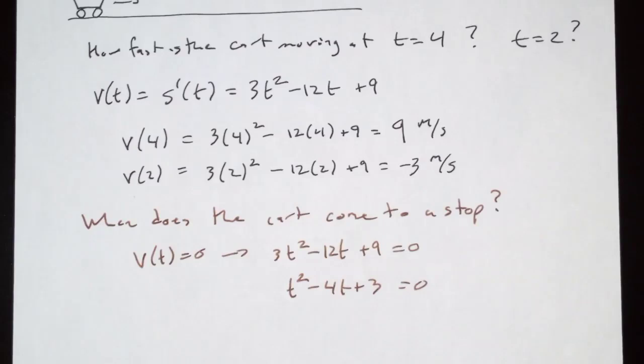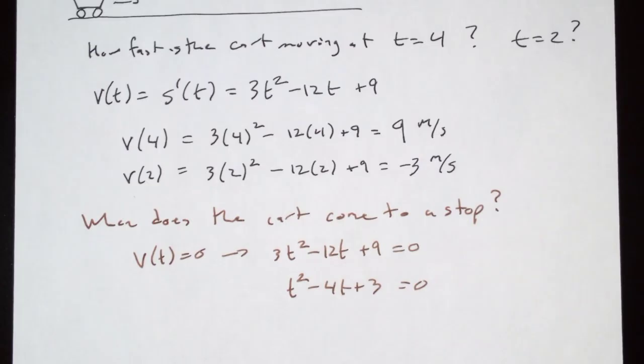Before you give me your answer, go back and look at those velocities. At time 2, moving to the left. Time 4, I'm moving to the right. Yes? Somewhere in between, what did I have to do? Stop and turn around. So one of the numbers you come up with better be between 2 and 4.